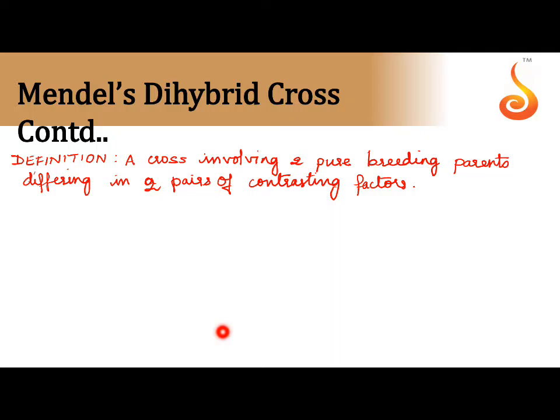A cross involving two pure breeding parents differing in two pairs of contrasting factors. Here two words I would really like to highlight. One is pure breeding, which is two pure breeding parents, and two pairs of contrasting factors. When we are saying pure breeding, we mean homozygous condition.